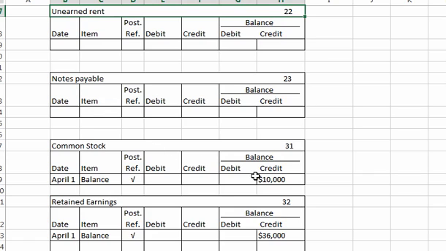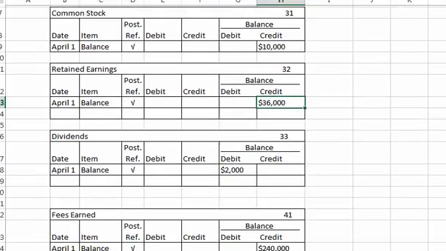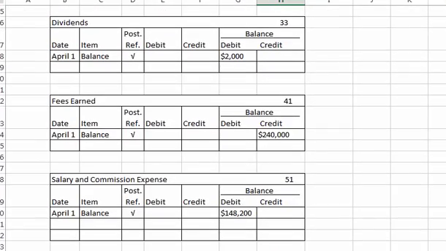Common stock has a beginning credit balance for $10,000. Retained earnings has a beginning credit balance for $36,000. Dividends has a beginning debit balance for $2,000. Fees earned has an April 1st credit balance for $240,000.